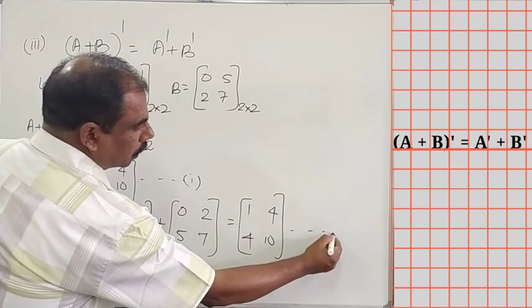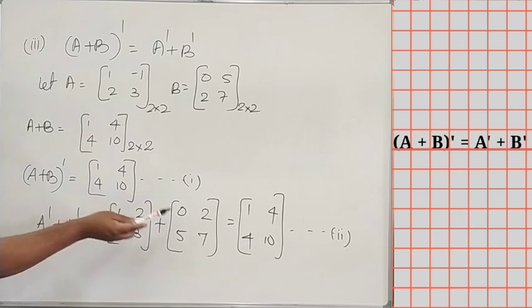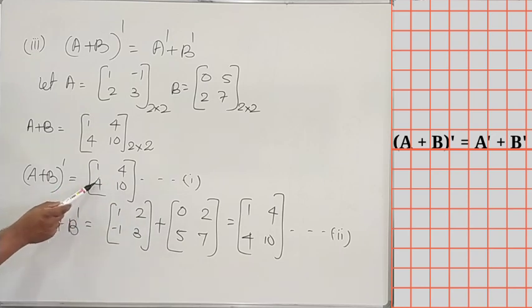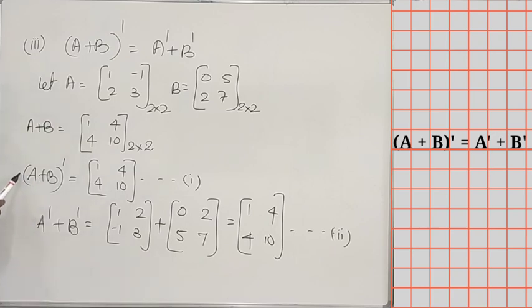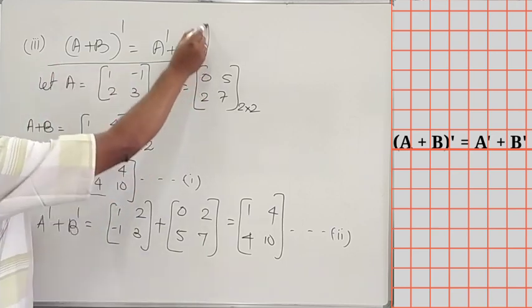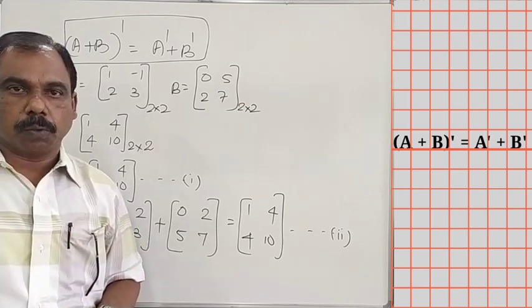This we take it as equation number 2. Look at equation number 1 and 2, the RHS 1, 4, 4, 10, here also 1, 4, 4, 10. We can say that A plus B whole transpose is equal to A transpose plus B transpose. That is the third property.